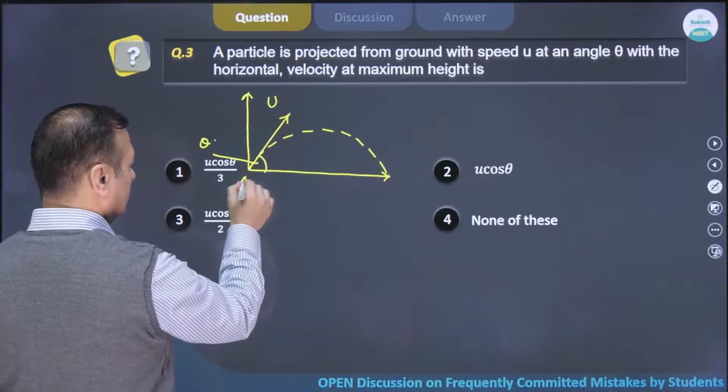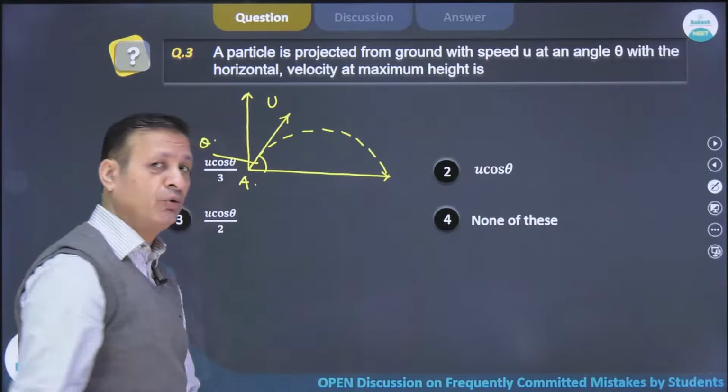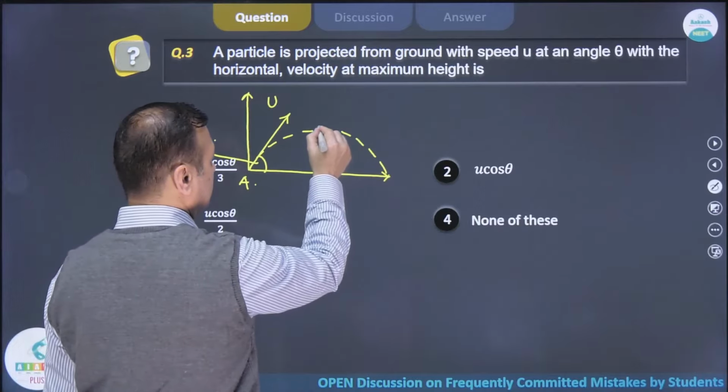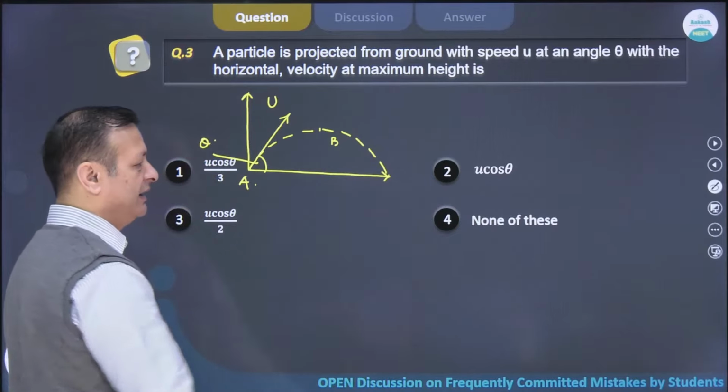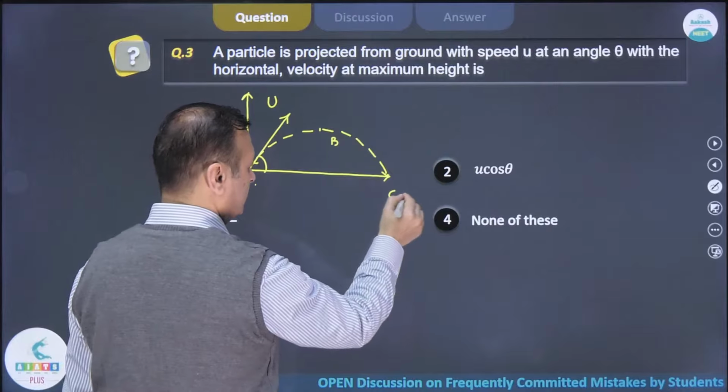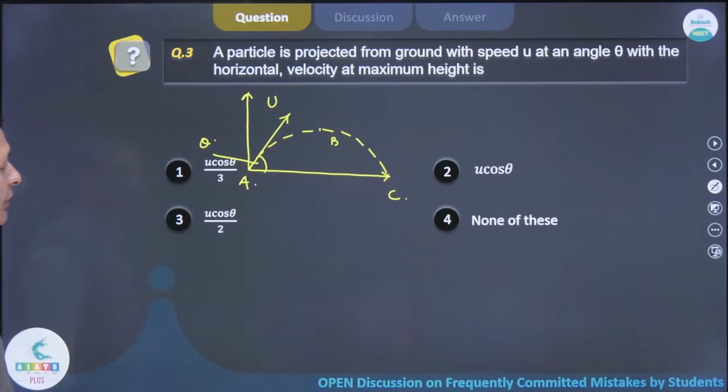If I label few points, this may be the point of projection. Let's label it as A. This may be the point that is the maximum height, and this is point C, that is the landing point.